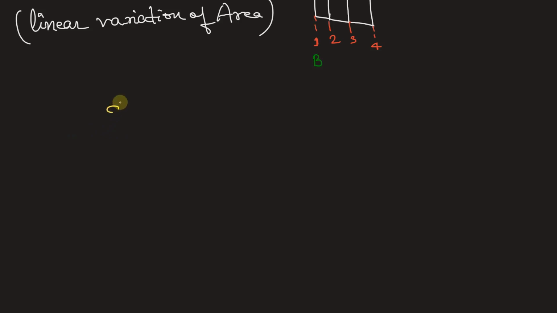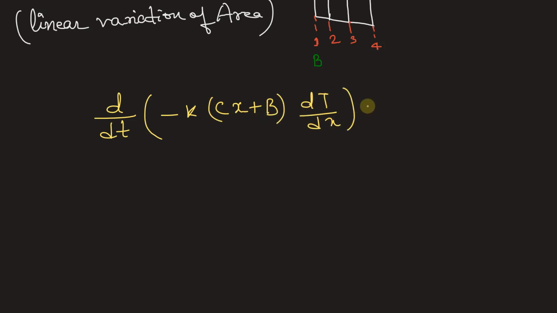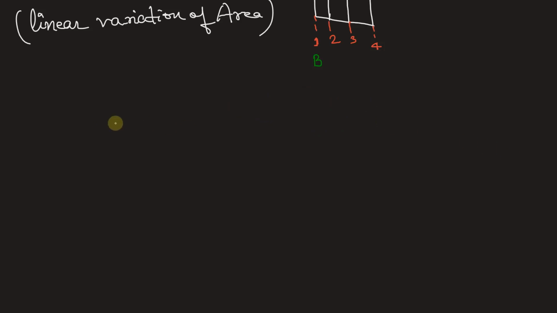So we can write d/dx of minus k, and instead of A we write (Cx plus B) into dT/dx, and this should be equal to 0. So we can write d/dx of negative k A dT/dx equal to 0.